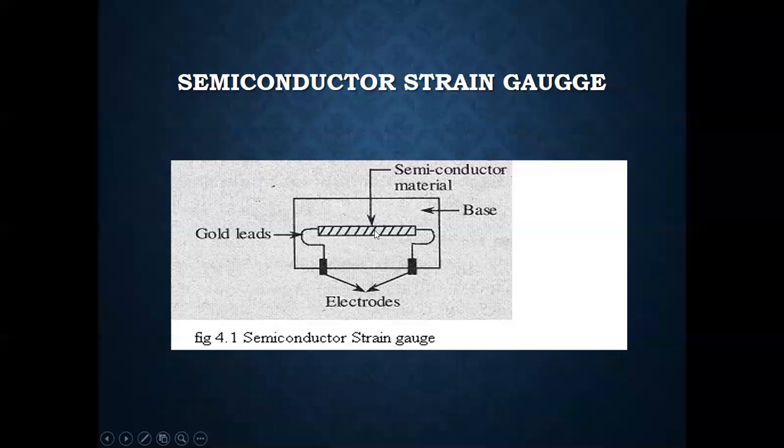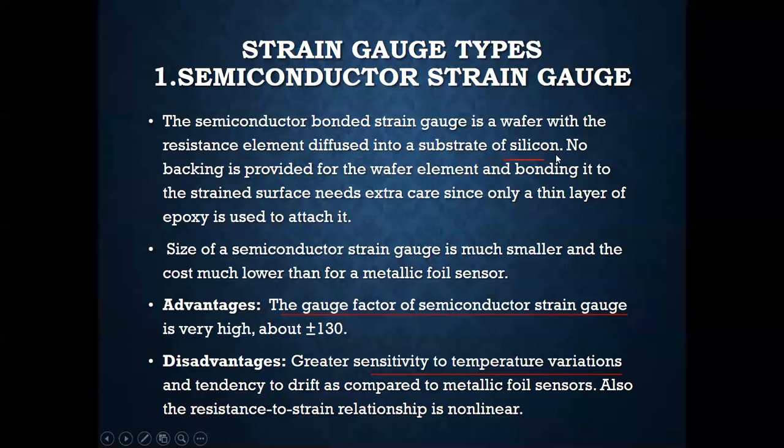We are diffusing the semiconductor material in the base, a substrate of silicon. Now backing is provided for the wafer element and bonding to the strain surface requires extra care, since only a thin layer of epoxy, meaning glue, is used to attach the strain gauge to the base.